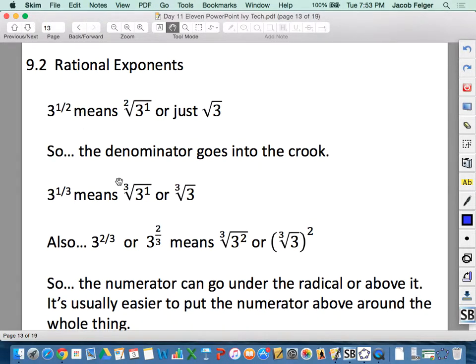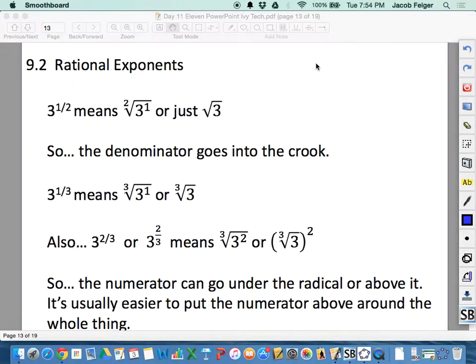So let's just take a look at this idea of 3 to the 1/2 power, okay? So 3 to the 1/2 power is going to mean the same thing as the square root of 3. You might develop a little bit of intuition here by doing 3 times 3 times 3, 3 times 3, 3, and then 1.